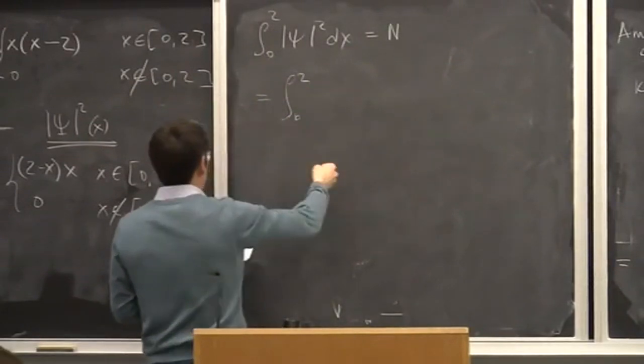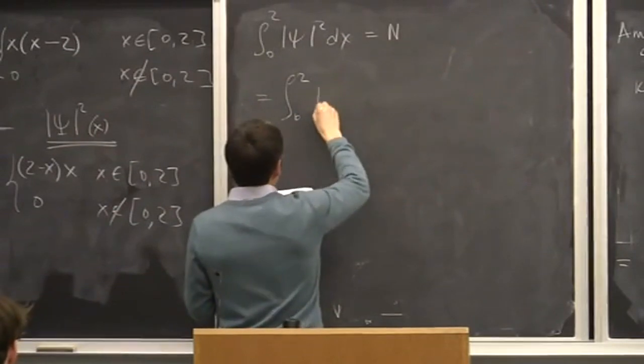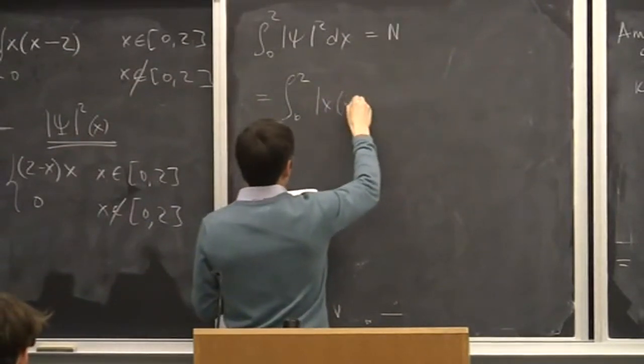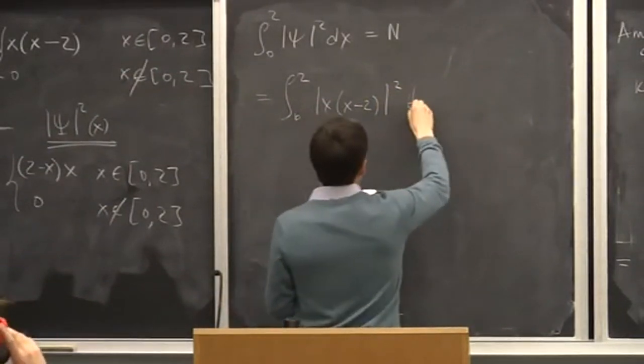So we integrate from 0 to 2. That's where the function is non-zero. And we integrate (x minus 2) squared dx.